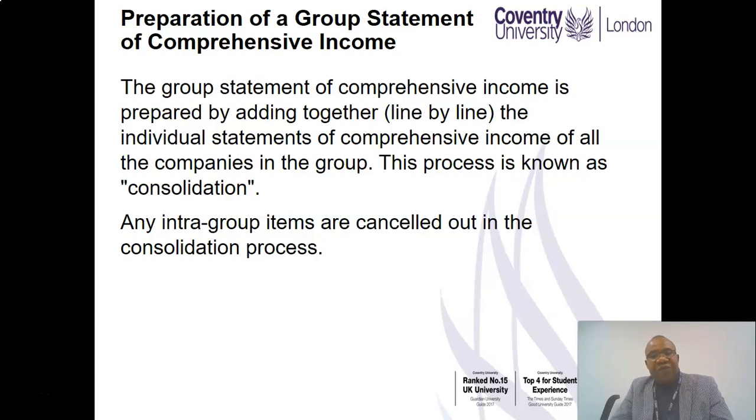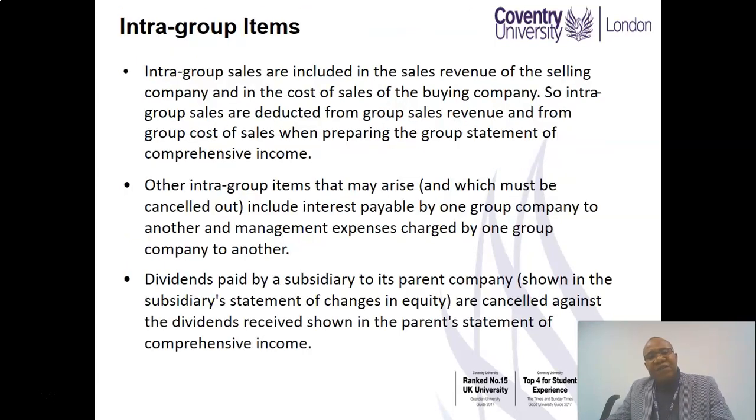However, if there have been any intra-group transactions between them that have been recognized in the individual statement of profit or loss account, then these will be cancelled out during consolidation. Let's look at this and consider intra-group items.